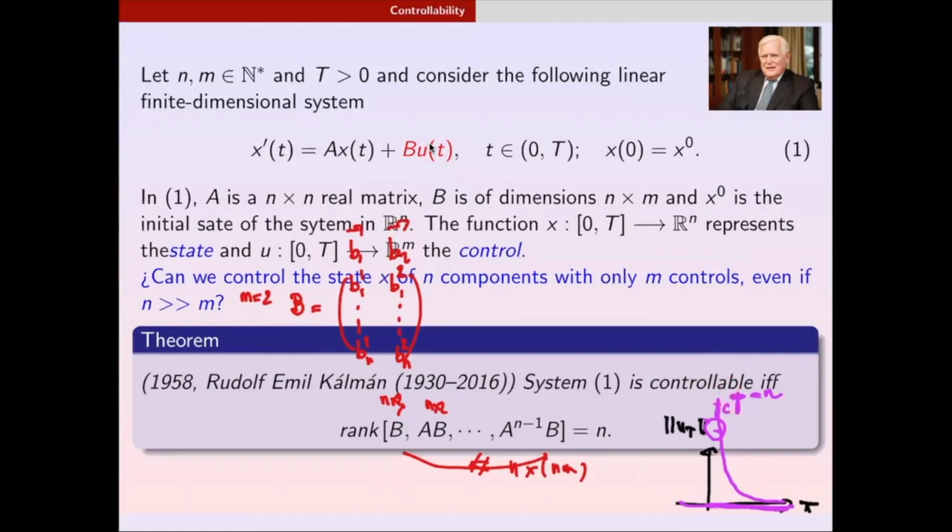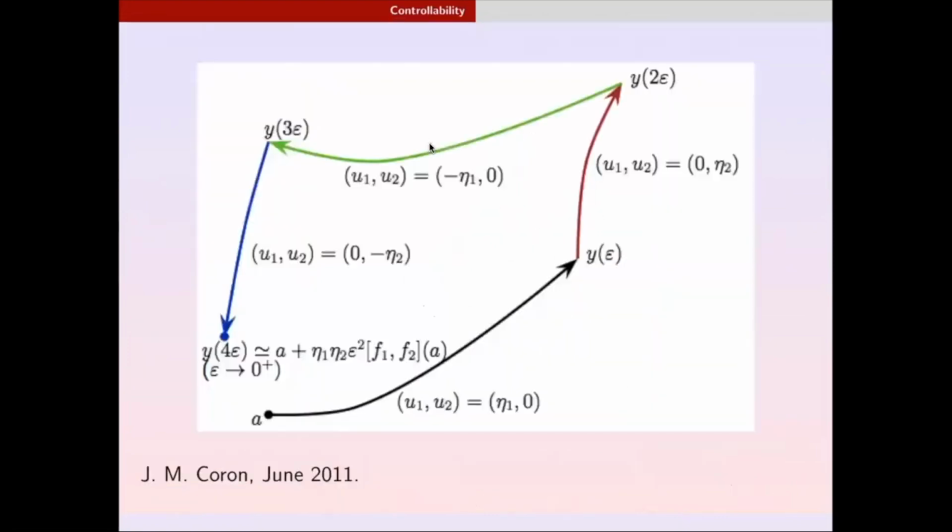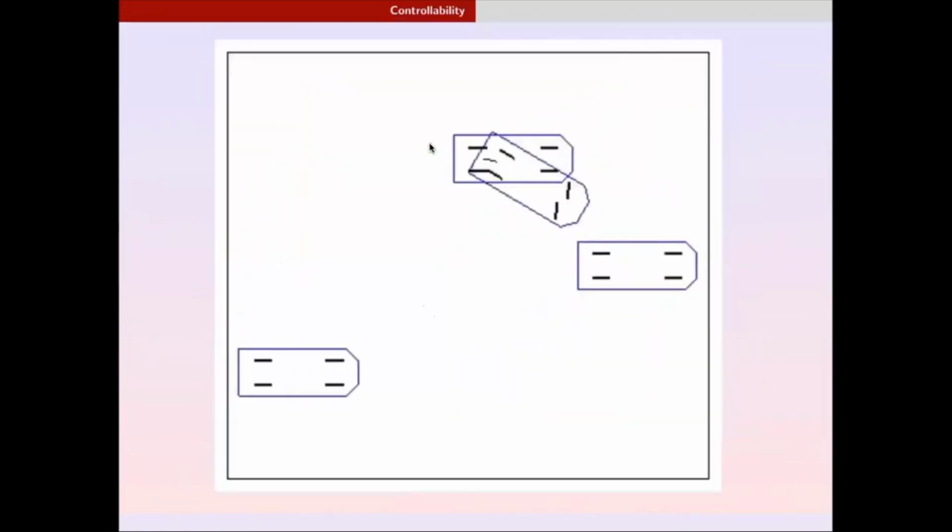Okay, but this is the generic answer. Good. Let's see how it works in practice. So let's see how you park a car, right?